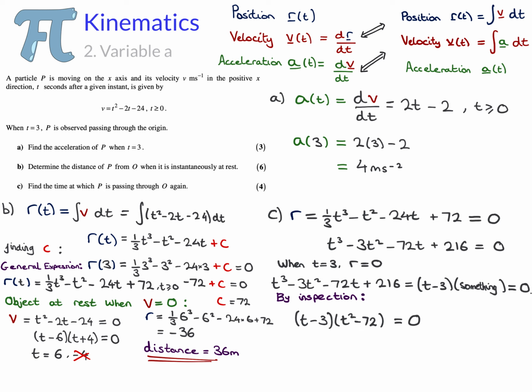Now the equation has been factorized, we quickly see that the other solutions occur when t squared is equal to 72, giving that t must be positive or negative 8.49 seconds. Again, the function is only valid for positive times, and so we conclude that the object is next at the origin when t is equal to 8.49 seconds.